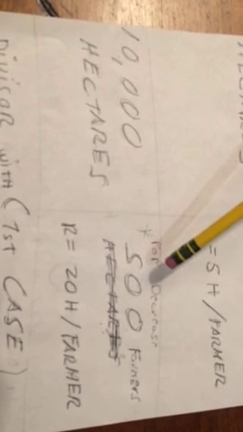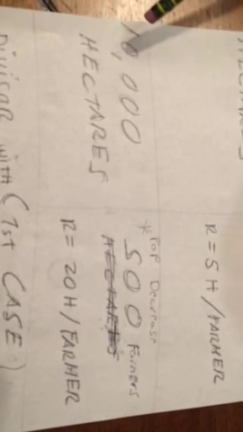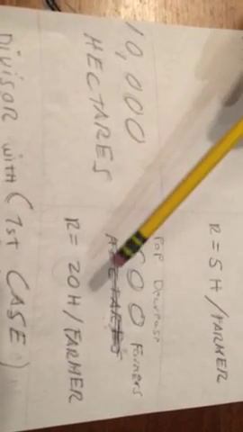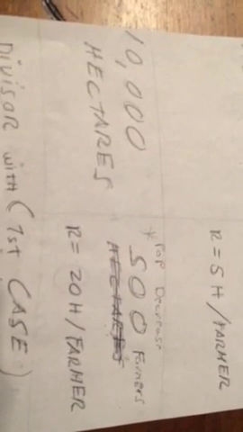You have 500 farmers. So again, 10,000 divided by 500 equals 20 hectares per farmer.